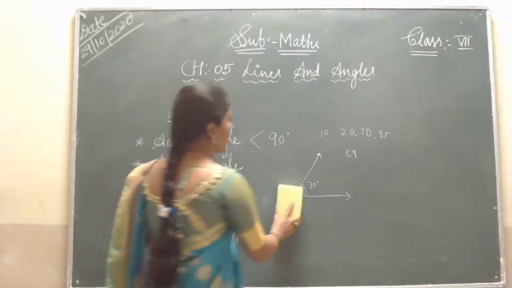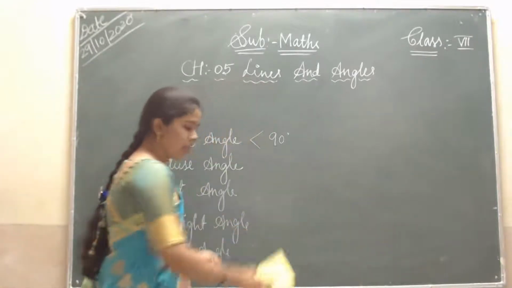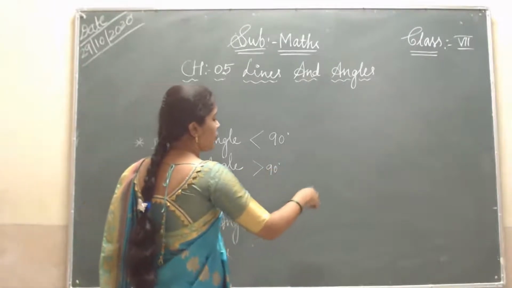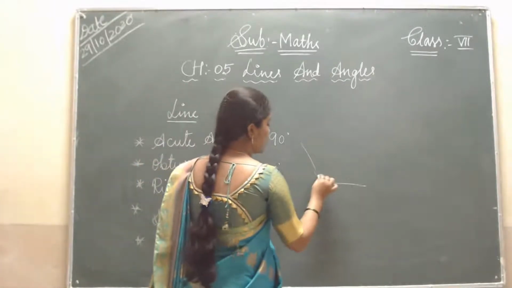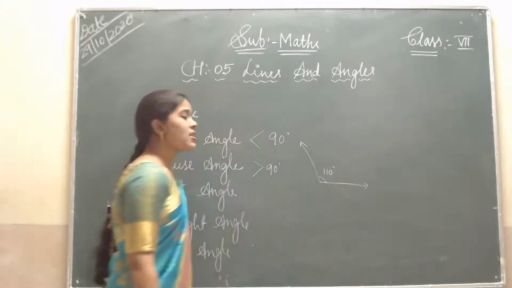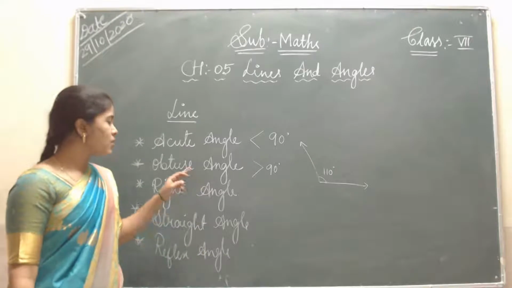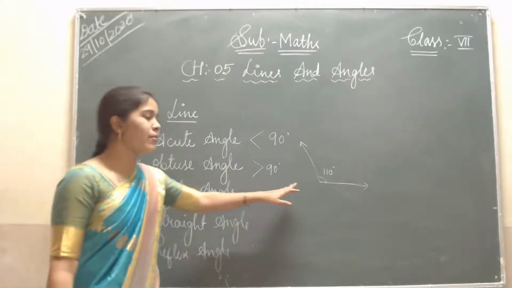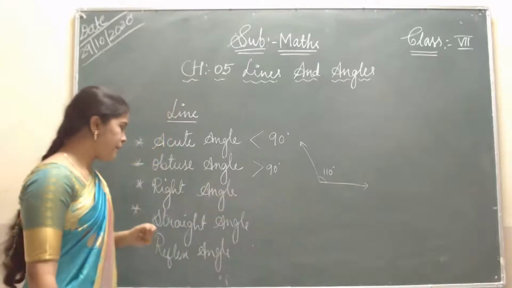Next, obtuse angle, greater than 90 degrees. For example, like this, 120, 110, 100, 105, 130 and so on. This angle is an obtuse angle; the angle which is greater than 90 degrees is nothing but an obtuse angle.